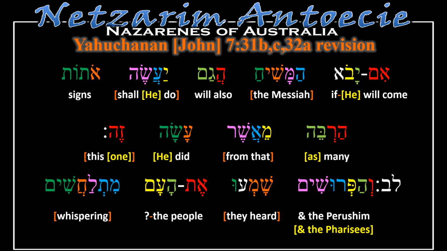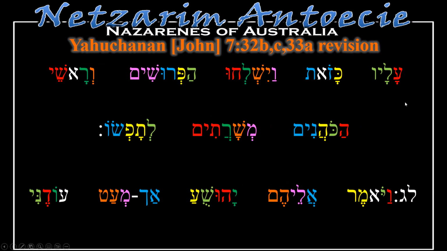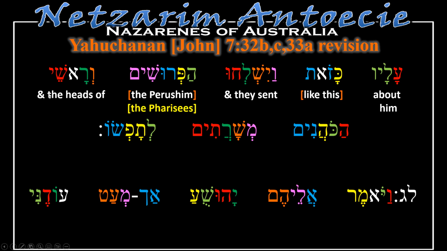And the Pharisees heard the people whispering alav, about him, kazot, like this, vayishlechu, and they sent, haPerushim, the Pharisees, ve'rashei, and the heads of ha-kohanim, the priests, sharatim, meaning attendants or officers, letafso, to capture him.